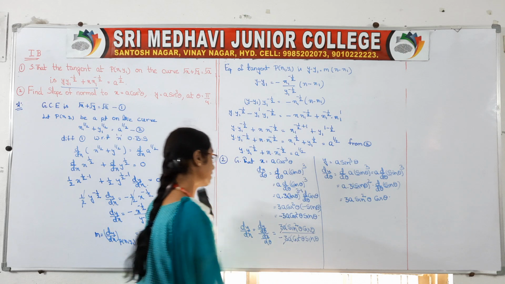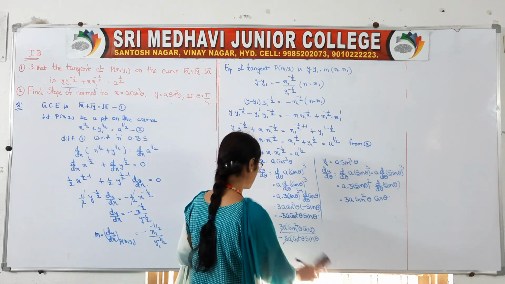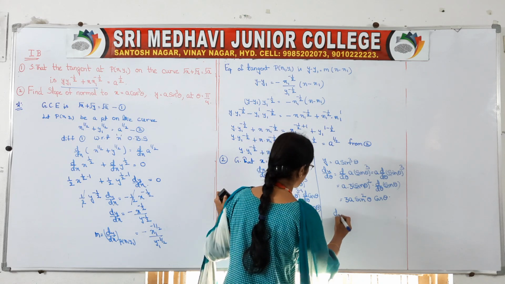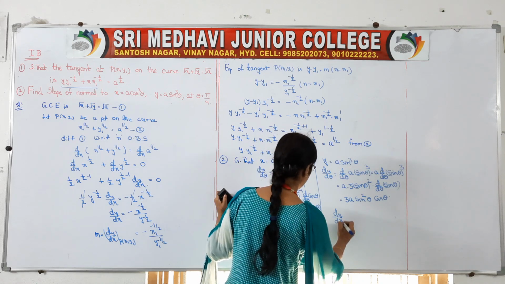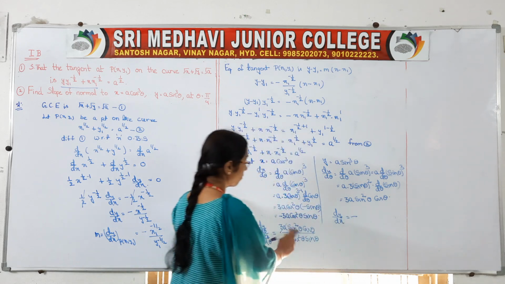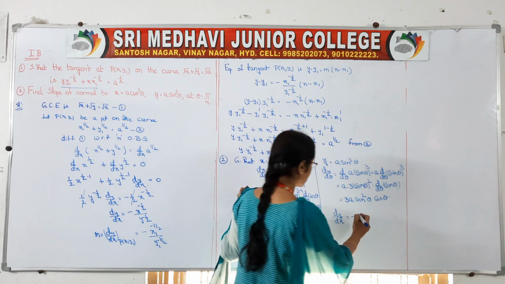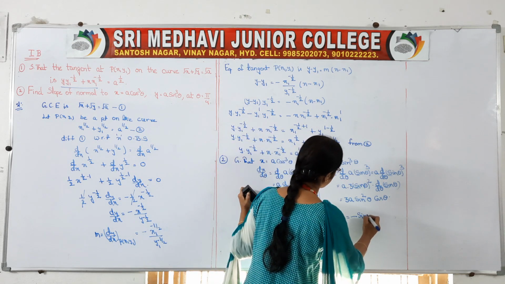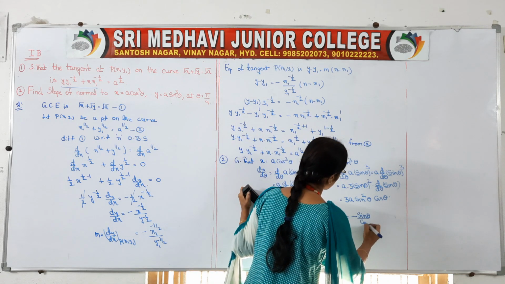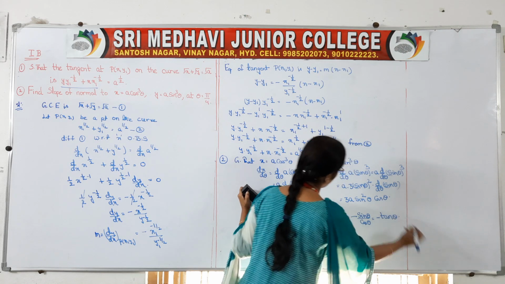Right, 3a cancels. So then what will be your dy by dx? Dy by dx is equal to, minus sign is there, one sin cancels, downwards one cos cancels, sin theta by cos theta. So it is equal to minus tan theta.